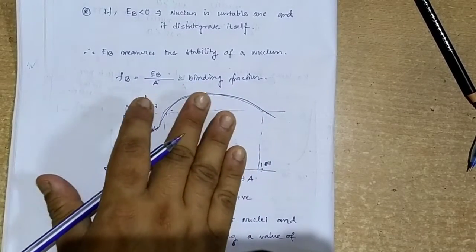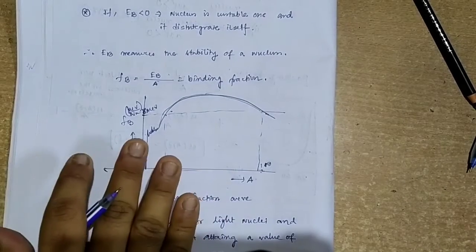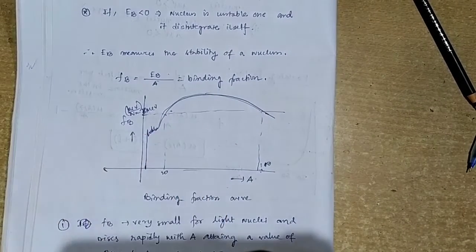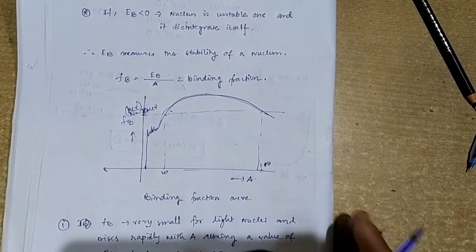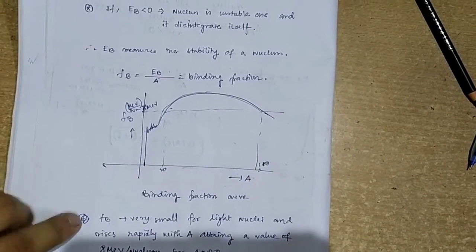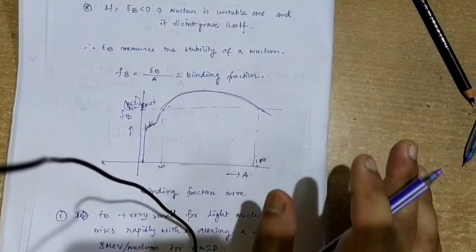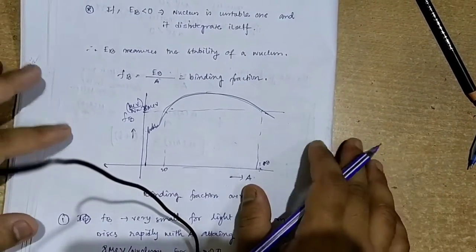That's why this curve is very important in your syllabus. And you have seen that this binding fraction curve and the packing fraction curve discussed in your previous class are complementary to each other. Okay, fine.